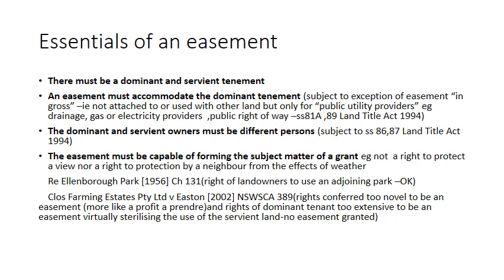Fourthly, the easement must be capable of forming the subject matter of a grant. Now, there are certain very common easements, rights of way which give access either by vehicle or by pedestrian access.